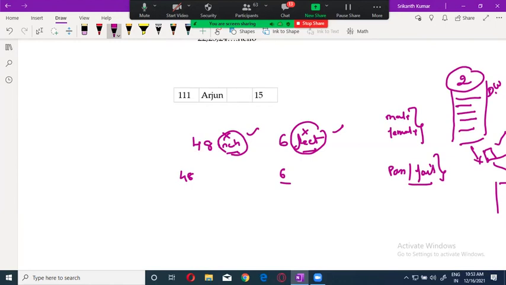Either I have to convert the inches into feet or convert the feet into inches. I'm standardizing them, getting them to one level. This process of getting them to one level is called standardization. Again, it is an EDA process, which is called feature scaling.